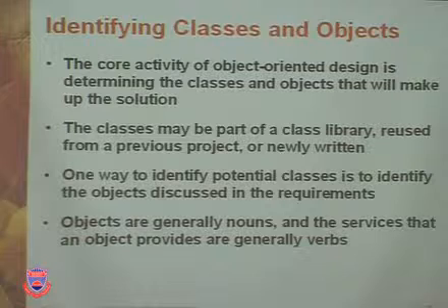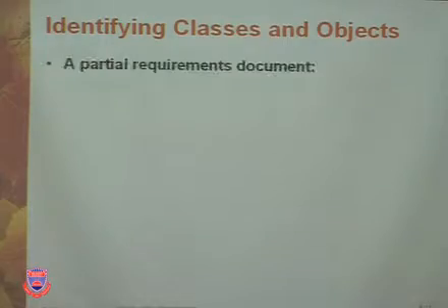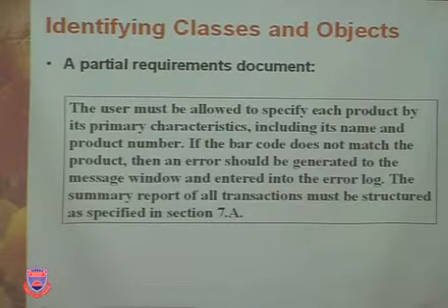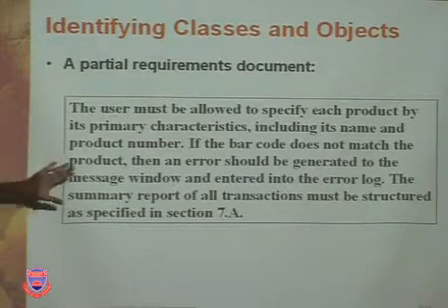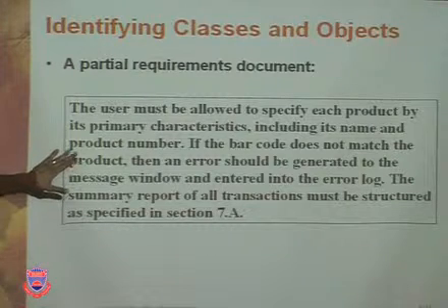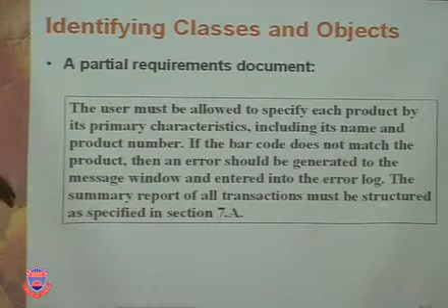So once you go to your requirements report, for example, for your projects, you can see what are the things that you may need in your application. Let's see an example of this. So for example, this is a partial requirements document which lists what are the requirements that you're expecting from your program.